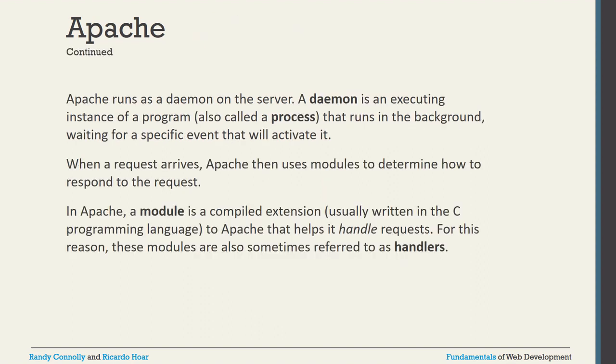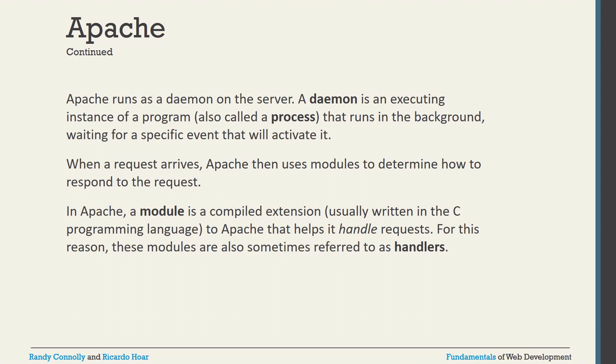One thing is very important: everybody asks what Apache is. Apache is just like a daemon server that runs in the background and waits for a particular event to activate it.